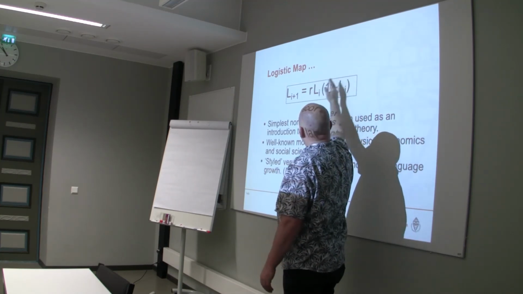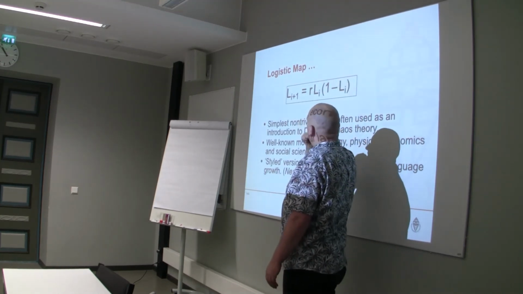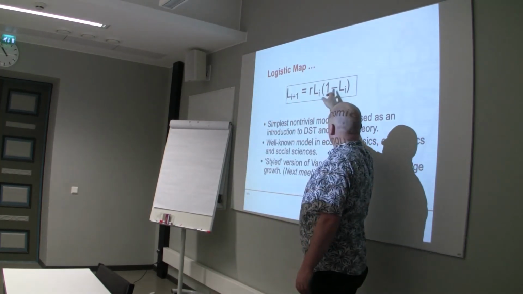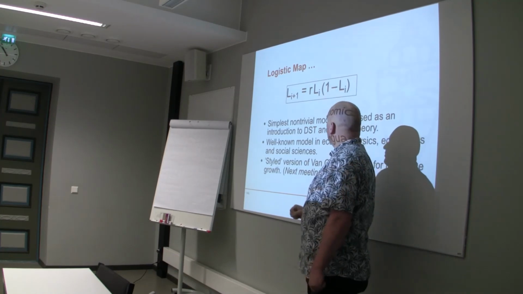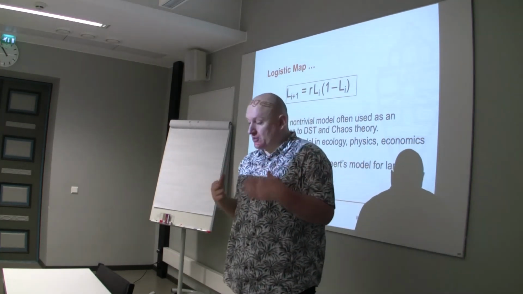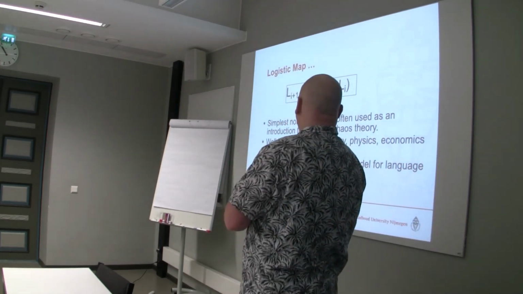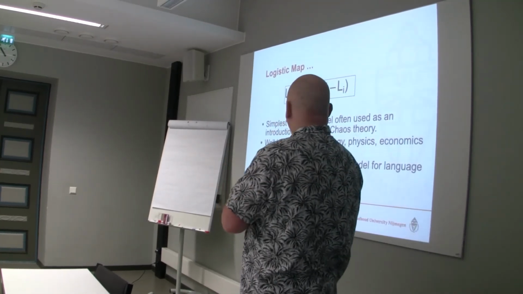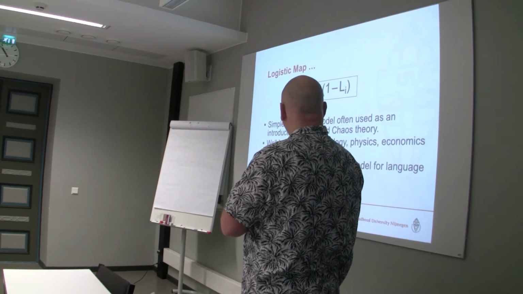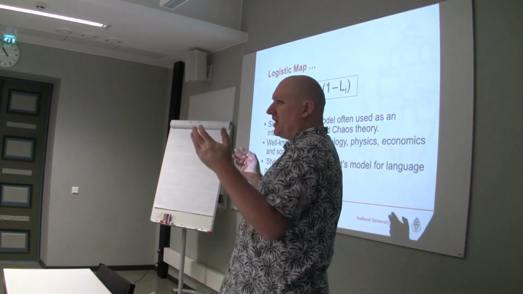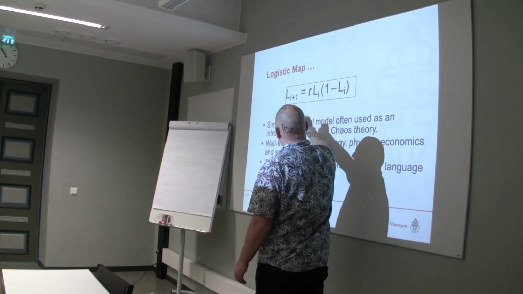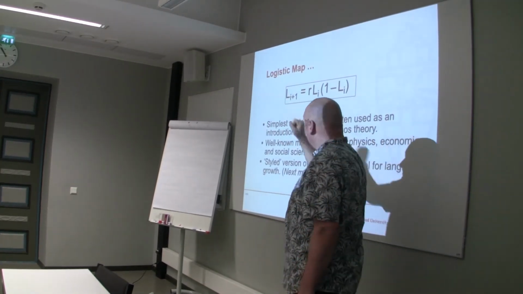So it's not just that we have to multiply the current value with R, but we also have to multiply it with 1 minus what we already have. And so we'll talk about what the function of this thing actually is, but it's not overly complicated, so we just add this part. Right? So this part is just added, and the rest is what we already saw.